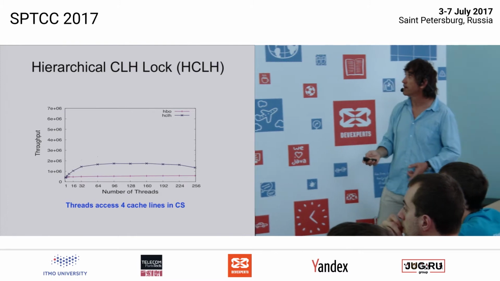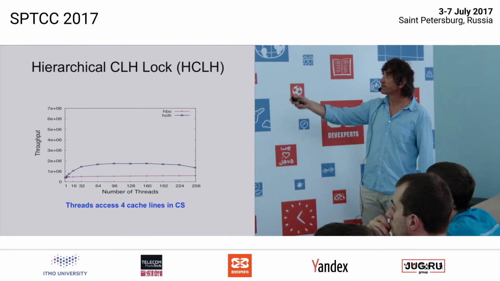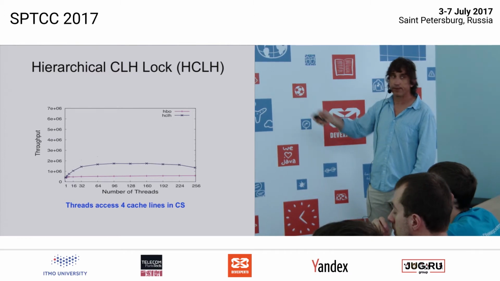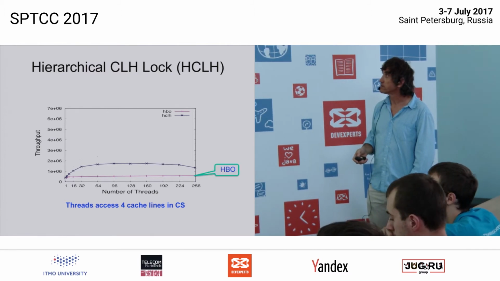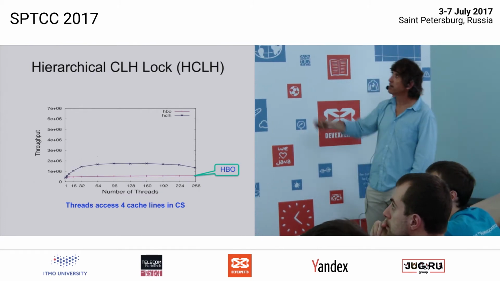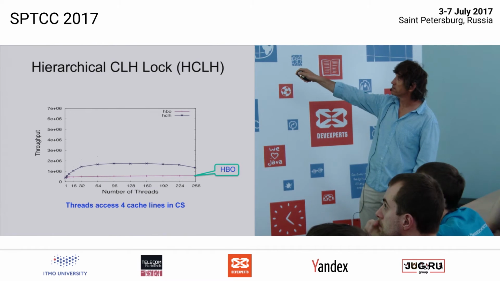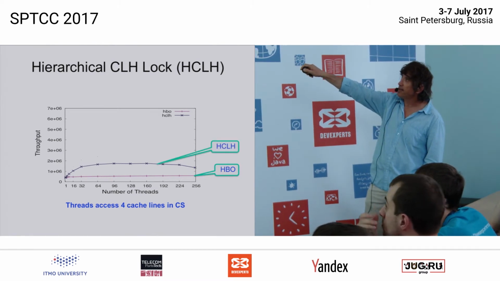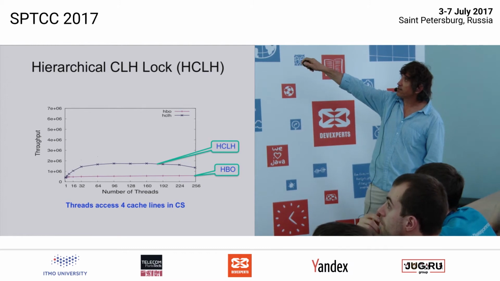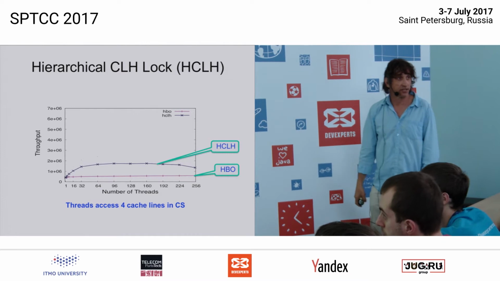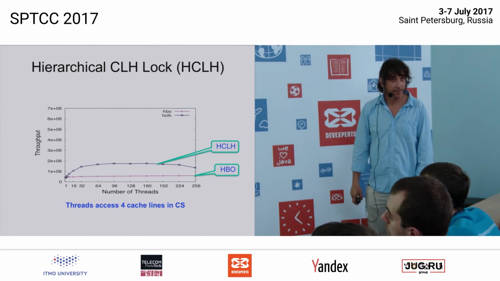And I'm measuring throughput. As you know, higher is better. This is the hierarchical Backoff lock, this is its performance, and then this will be the HCLH. So you can see that having HCLH improves the overall throughput of this lock.